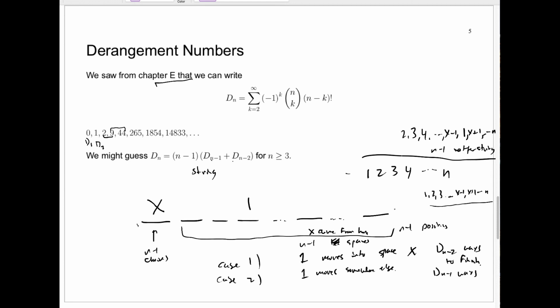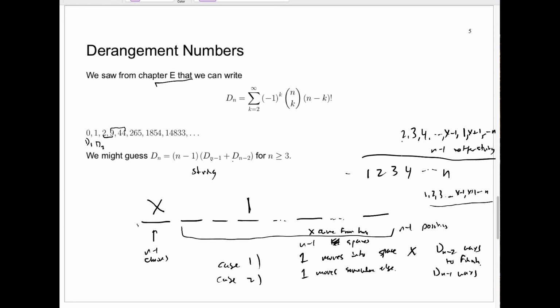But I claim that any way I fill in these letters where the 1 doesn't go in the x position, and the whole thing is a derangement, is just what I get when I take any derangement of this n minus 1 letter string and just fill it in. I've already filled in the 1 that's in the derangement of this string. The 1 can't go in position x, so that condition is satisfied.